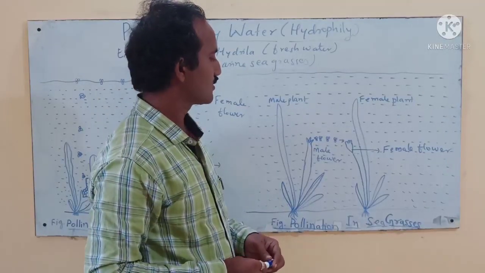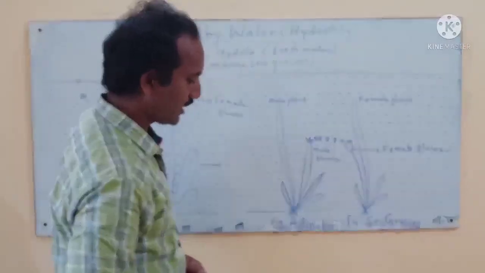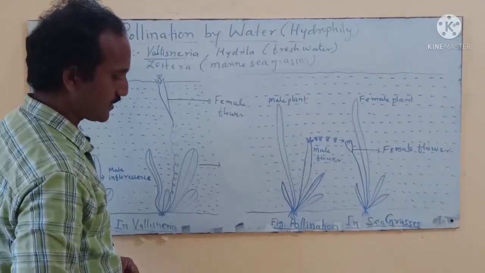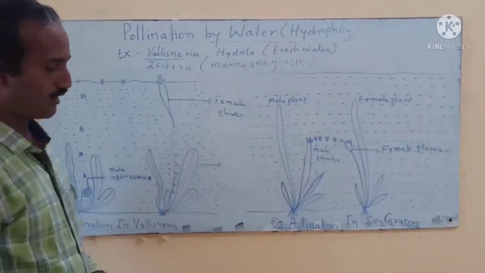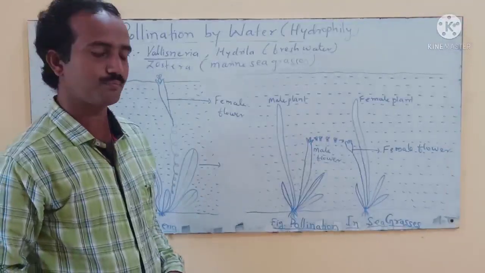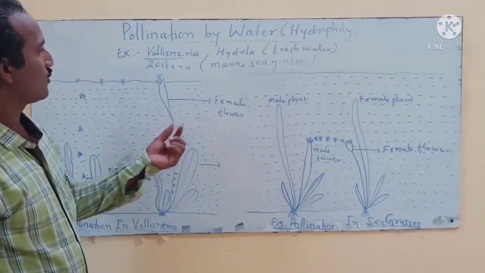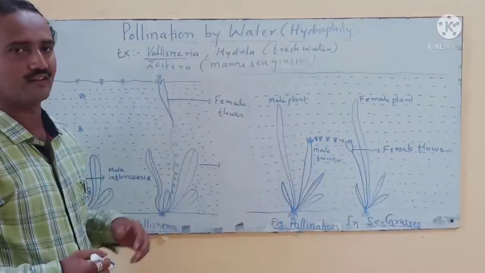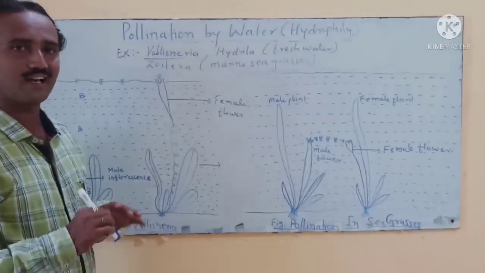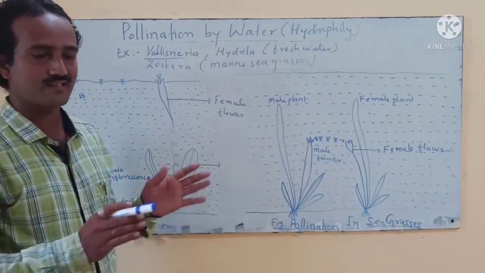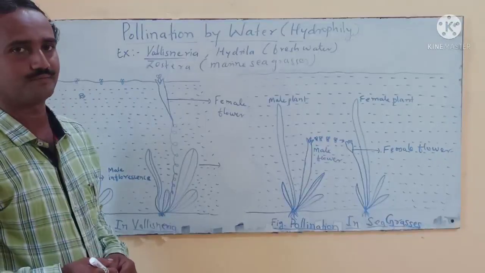So this is about the pollination in sea grasses. But in most of the water pollinated flowers, the pollen grains are covered by a mucilaginous, that is oily covering.